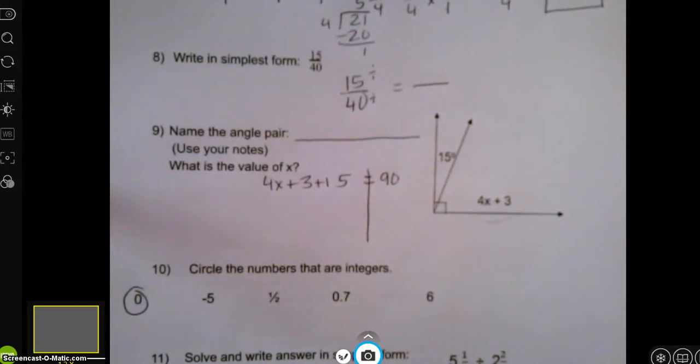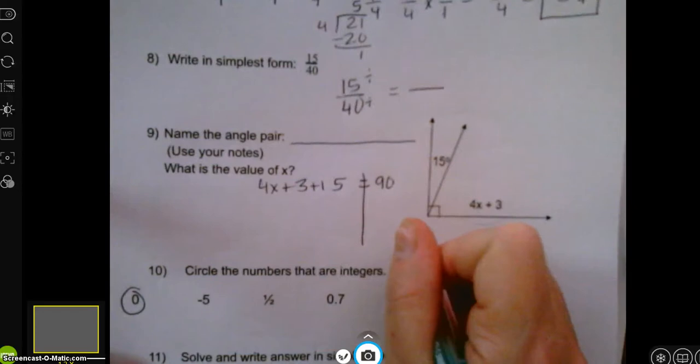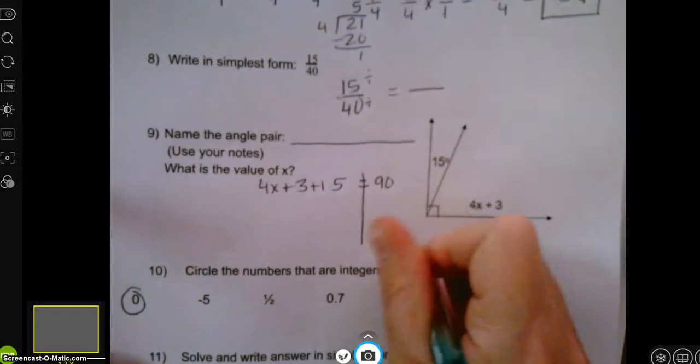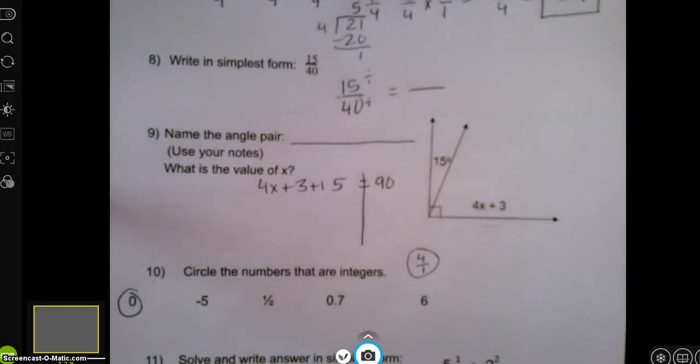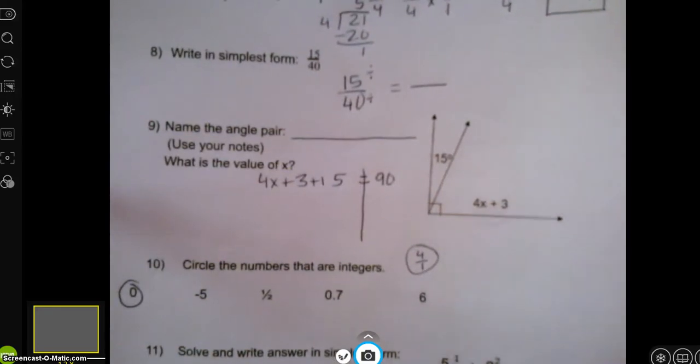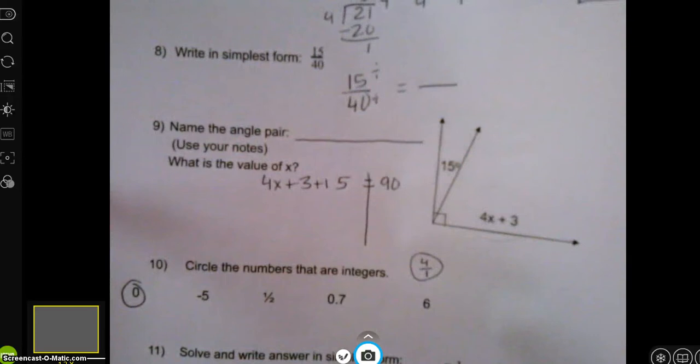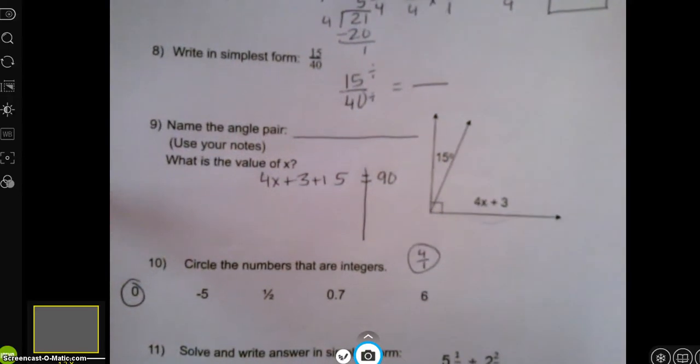Okay, I mean, they can try to trick you. They could say something like 4 over 1, and that would be an integer because 4 divided by 1 is 4. But generally, we're not looking for fractions or decimals. Okay. If you want another hint, I will let you know there are 3 total answers on number 10.